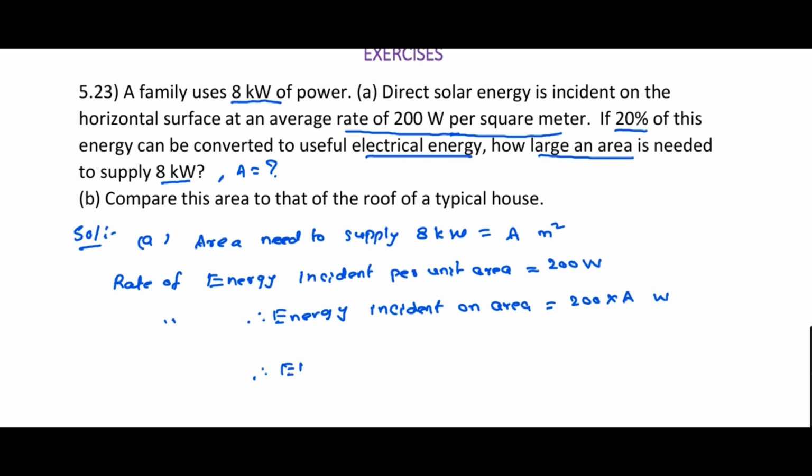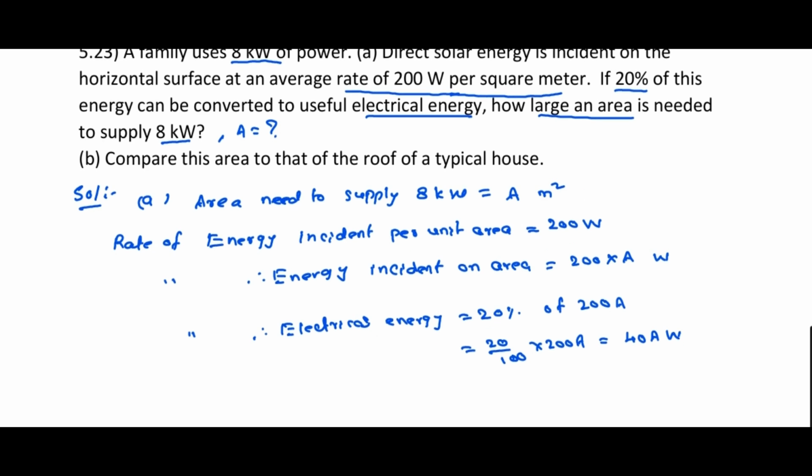Therefore, the rate of electrical energy is equal to 20% of 200 A. That is 20 divided by 100 into 200 A, which is only 40 A watt. That means only 40 into A watt is in the form of electrical energy. But for the house, how much power is utilized? 8 kilowatt.